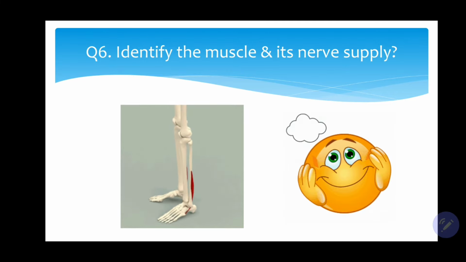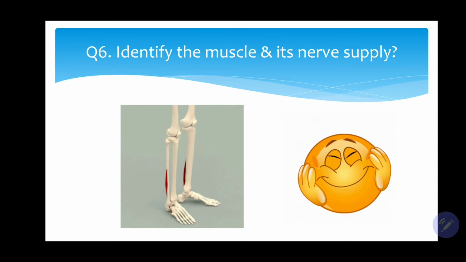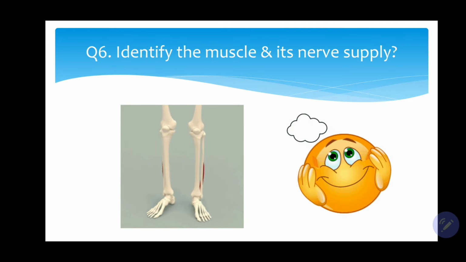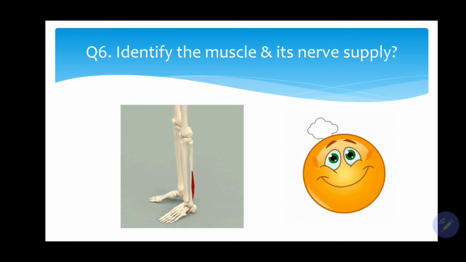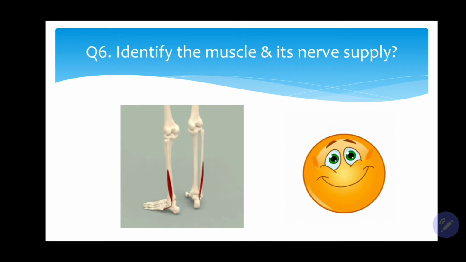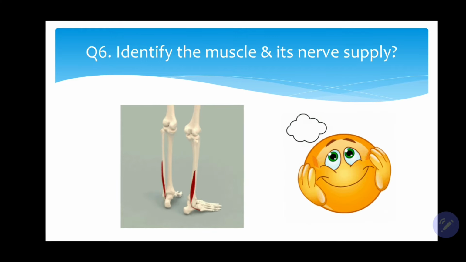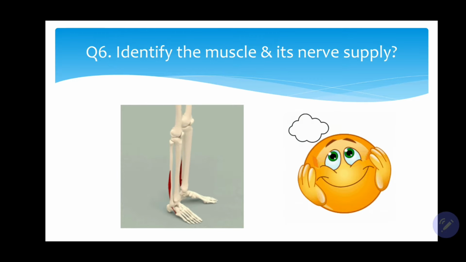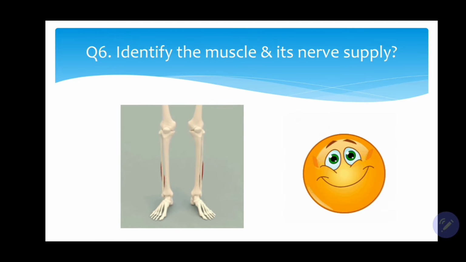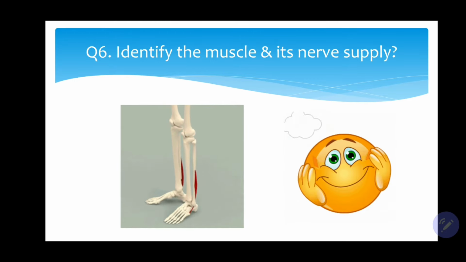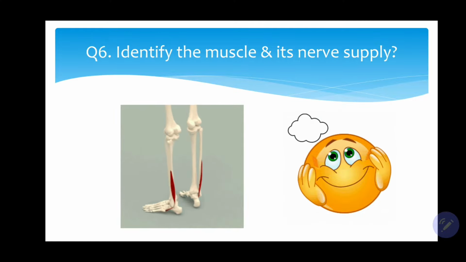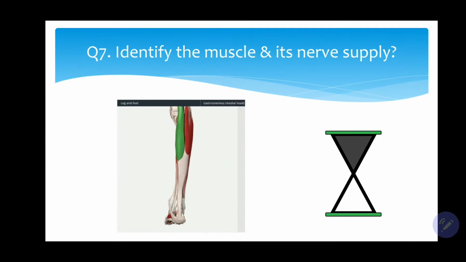Got it? Peroneus longus on its deeper surface, Peroneus brevis on its outer or superficial surface. That's how the superficial peroneal nerve courses, and then it winds and becomes superficial after piercing the deep fascia and reaches to supply the skin of the dorsum of the foot. Okay, so that was about Peroneus brevis. Nerve supply, superficial peroneal nerve, that is the nerve of the lateral compartment of the leg.